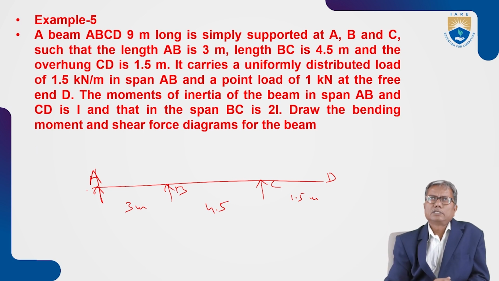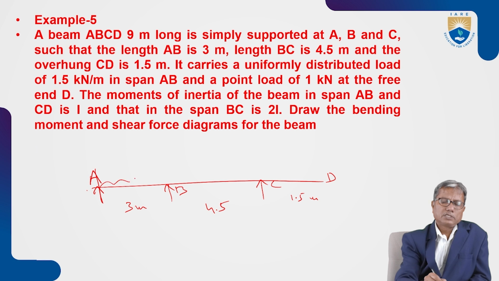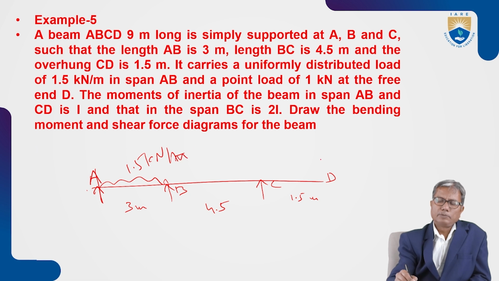And there is a UDL of 1.5 kilonewton per meter on AB and a point load of 1 kilonewton at D.